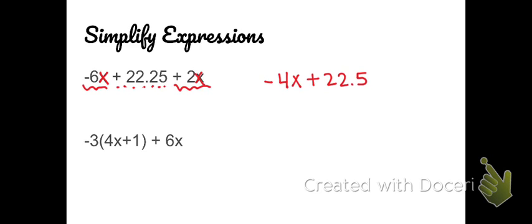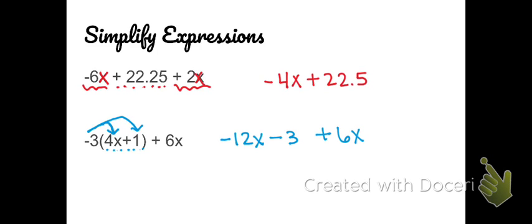Now for the other one, I cannot combine like terms and simplify this until I distribute, because this isn't just 4x, this is 3 times 4x. So first let's distribute this negative 3 times 4x, and that gives us negative 12x, and then negative 3 times positive 1 is negative 3, and then I still have my plus 6x.